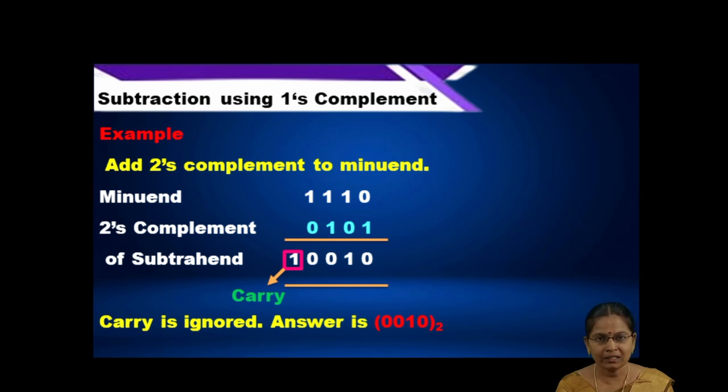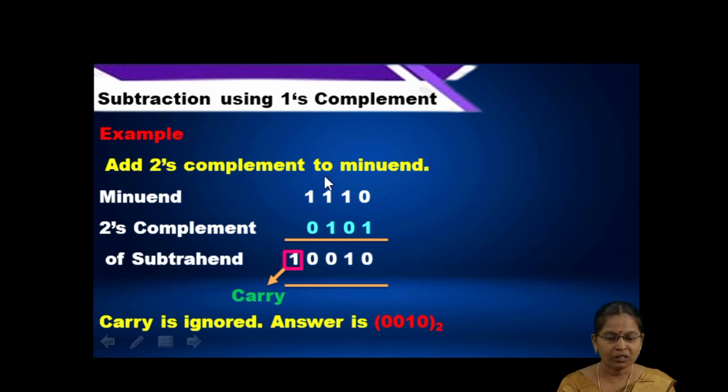Next, add the 2's complement value to the minuend. The minuend value is 1 1 1 0 and the 2's complement is 0 1 0 1. So starting from the right bit, 0 plus 1 is 1, 1 plus 0 is 1, 1 plus 1 is 1 0. Carry is generated. That carry is carried on to the previous bit position.